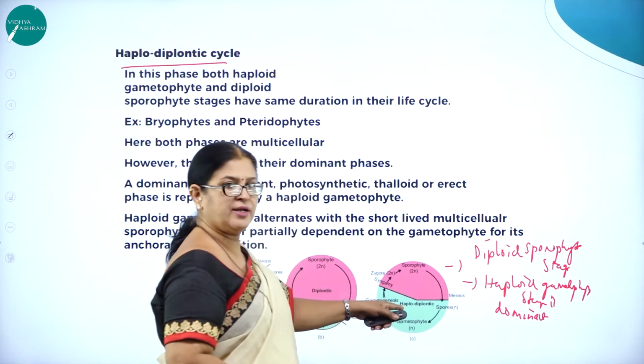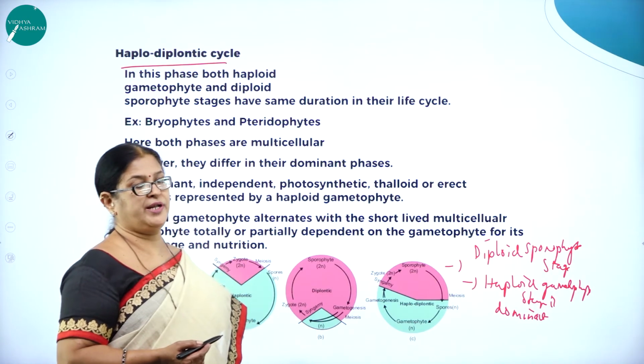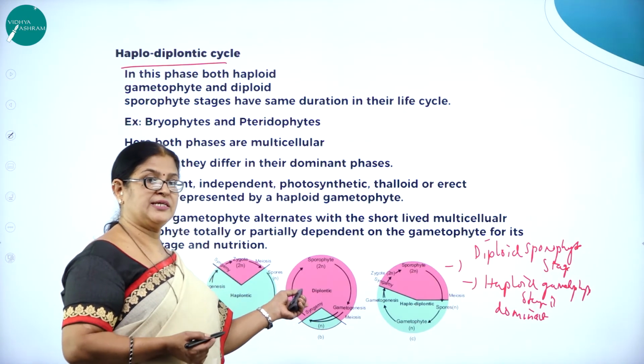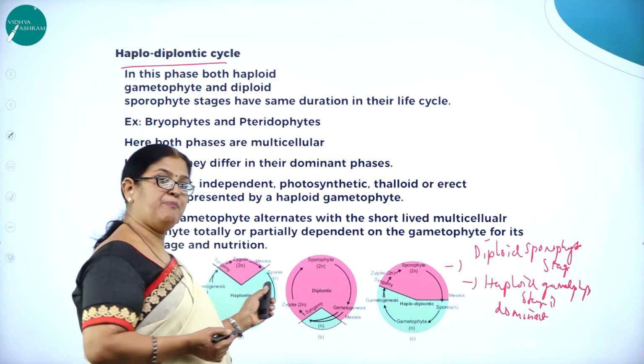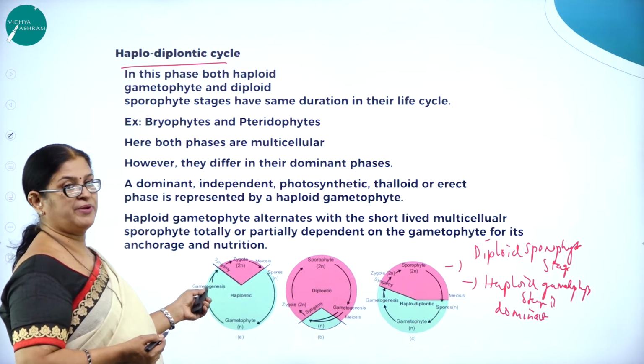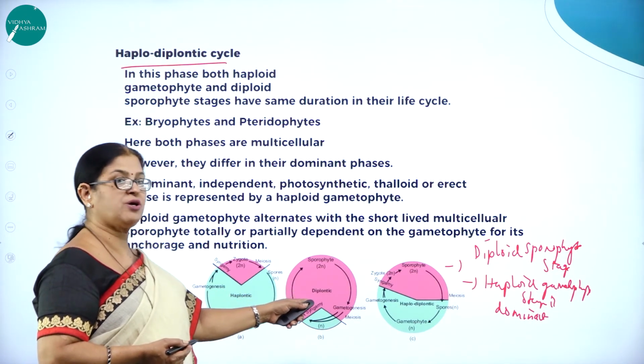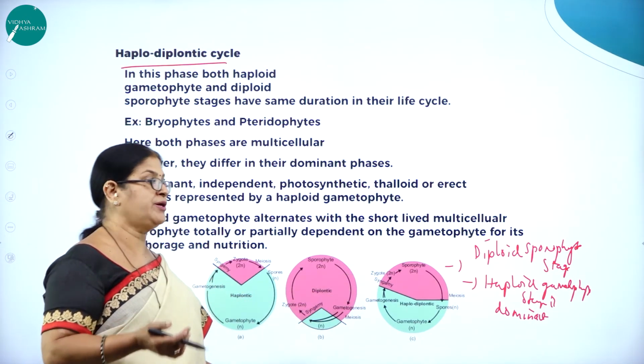Here you can see both are dominant, hence the name haplodiplontic. Here only the diploid sporophyte stage is dominant. Here haploid gametophyte stage is dominant. So it is called haplontic. Here it is called diplontic. Here it is called haplodiplontic.